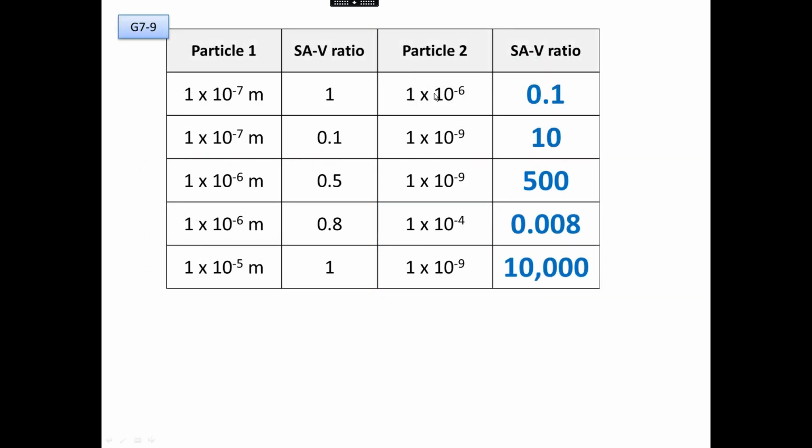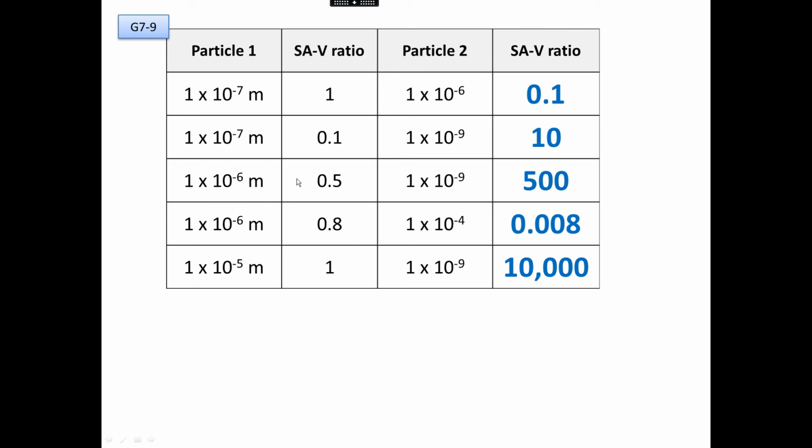Right, okay, now here we go. If particle 2 is 10 times bigger, its surface area to volume ratio will be 10 times smaller, so it'll be 0.1 compared to particle 1. Particle 2 in the second example is 100 times smaller, so its SAV ratio will be 100 times bigger. 0.1 times 100 gives 10.